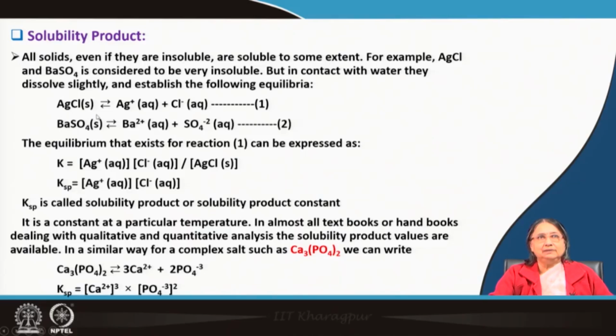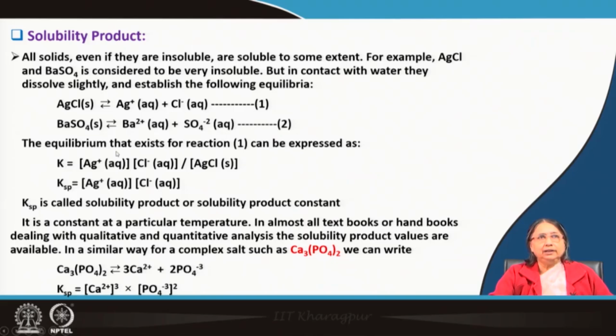Also in some books you will see that an underline is there to make you understand that it is a solid, and some part goes to solution to form Ag+ aqueous, Cl- aqueous. Similarly, from barium sulphate, Ba2+ aqueous and SO4 2- aqueous.